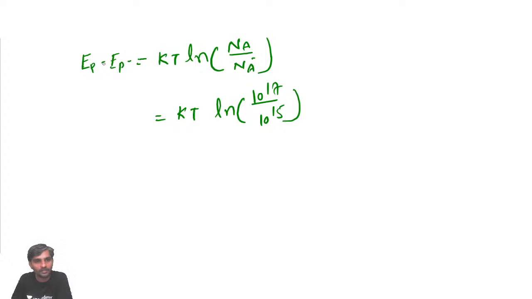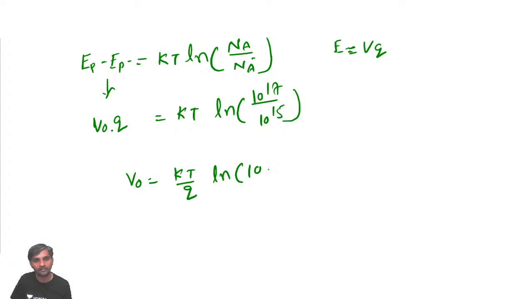But what is this E? We know that E is equal to VQ. So from this I can say this is going to be V0 into Q. So V0 is equal to KT by Q into ln of 100.